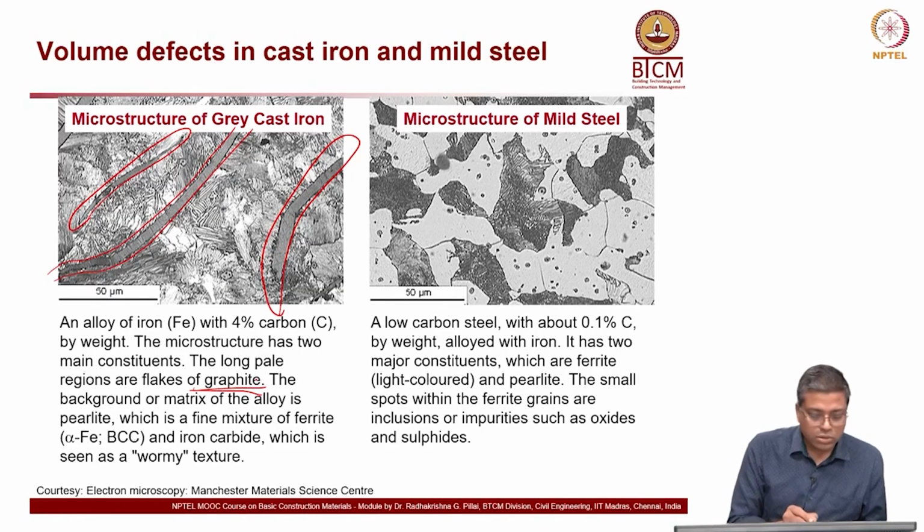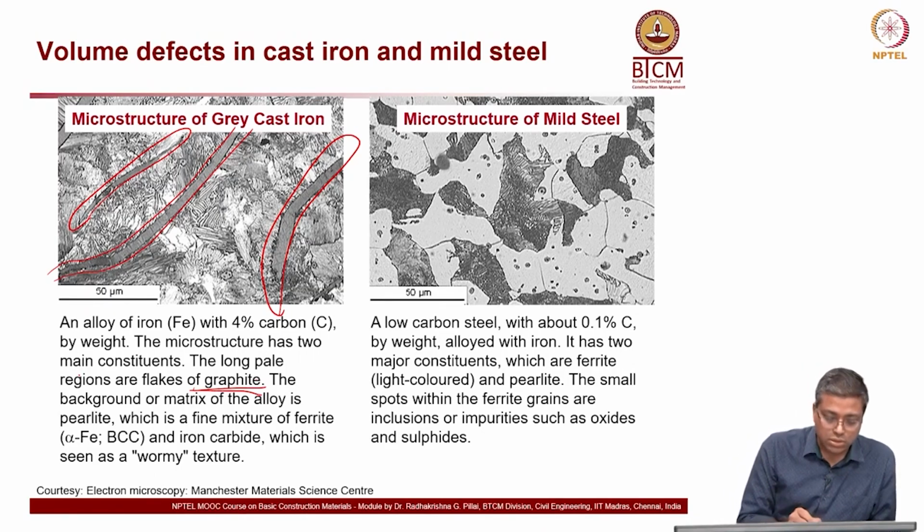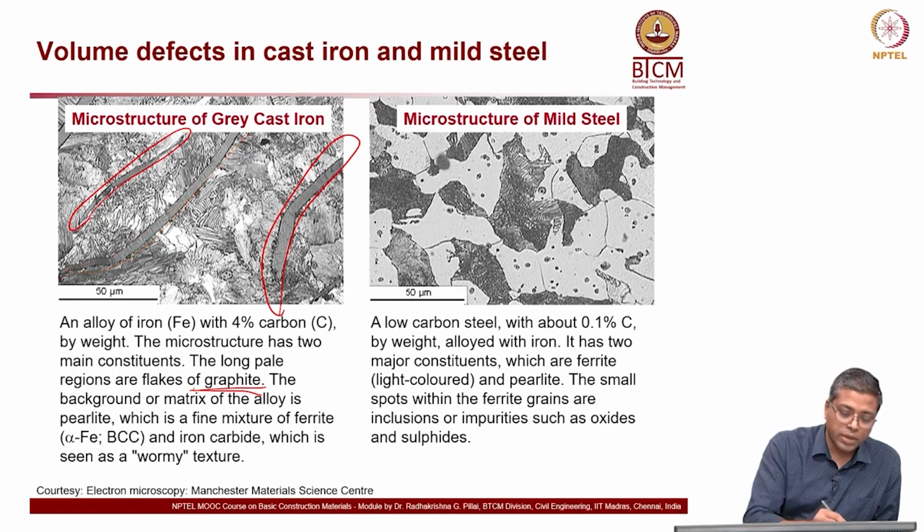By weight, the microstructure has two main constituents. The long pale regions are flakes of graphite or carbon. So these are the reasons for the brittle nature of cast iron.